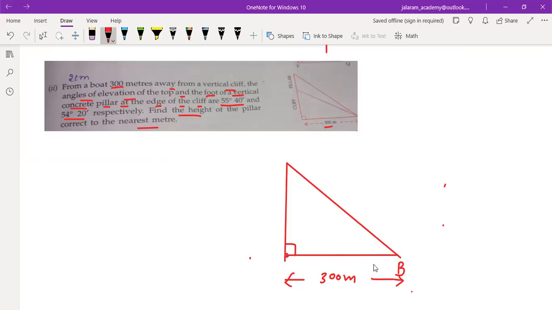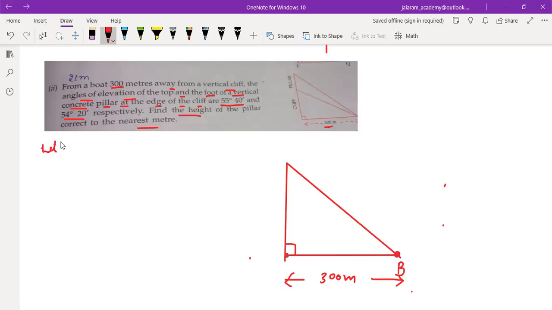Angle of elevation of the top and foot of a vertical concrete pillar at the edge of the cliff are. So two pillars are located at the edge of the cliff. So from a boat, and the observer is on the boat.